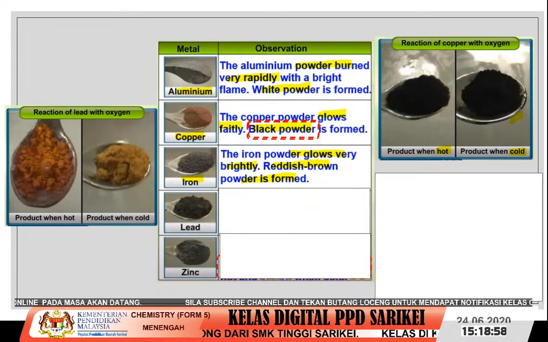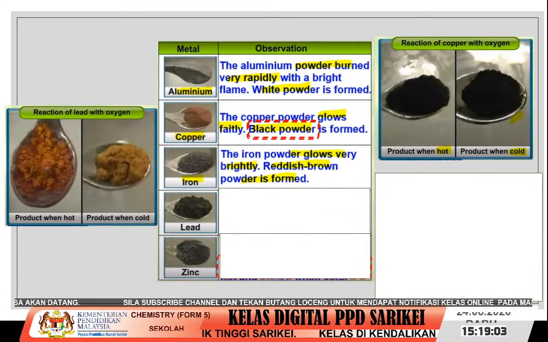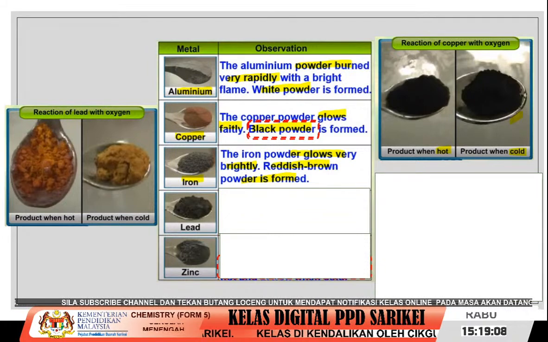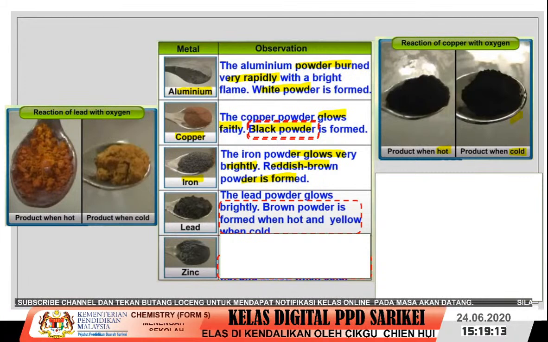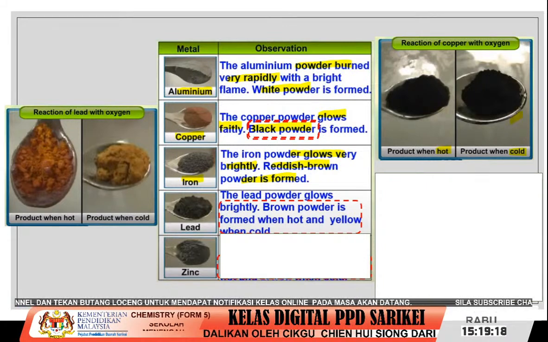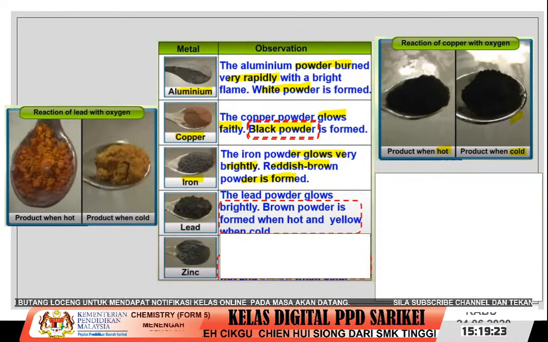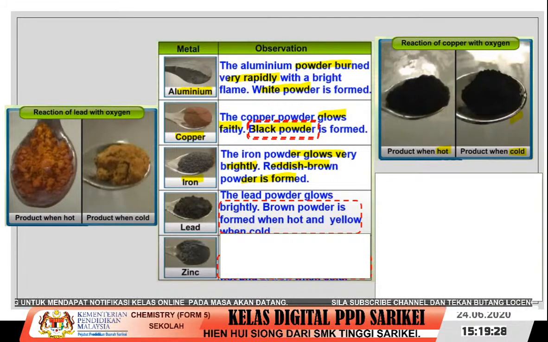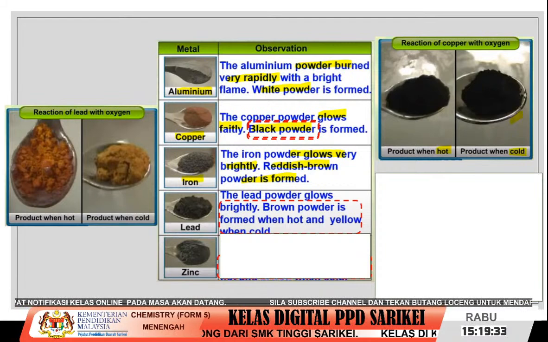Lead(II) oxide changes color from brown to yellow when cooled and reverts to brown when heated. We call lead(II) oxide a thermochromic metal oxide because it is able to change color due to a change in temperature.